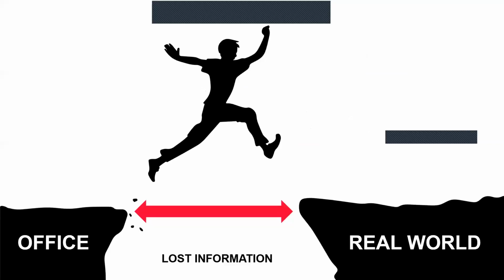By using BIM, we are bridging the office and the real world. Because as of today, what we lack is that the things going on in construction and the things in our systems have a huge gap.